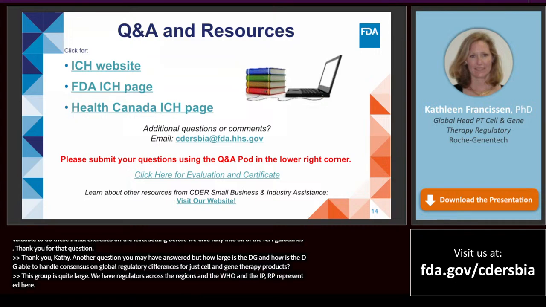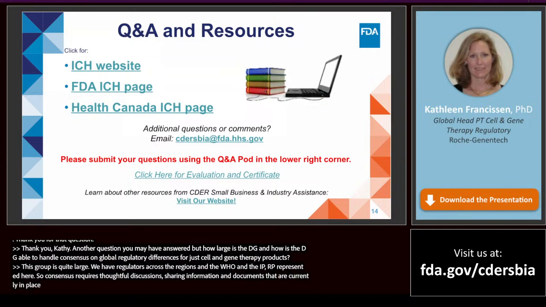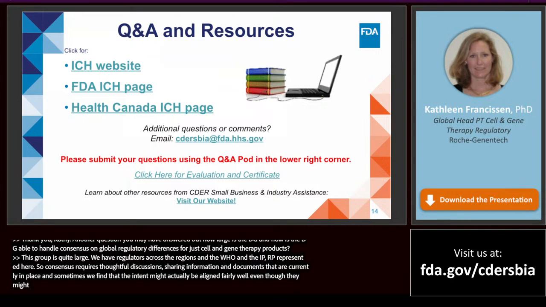Consensus requires thoughtful discussions, sharing information and documents that are currently in place. Sometimes we find that the intent might be aligned fairly well, even though it might be explained using different terms. So this will require some really thoughtful work for us to reach consensus so broadly. Thank you.